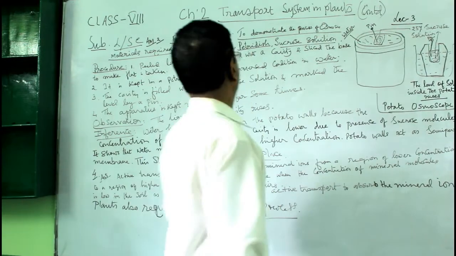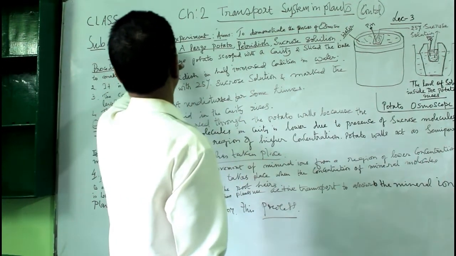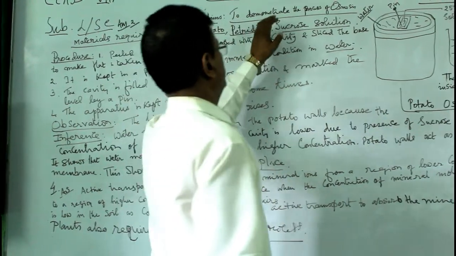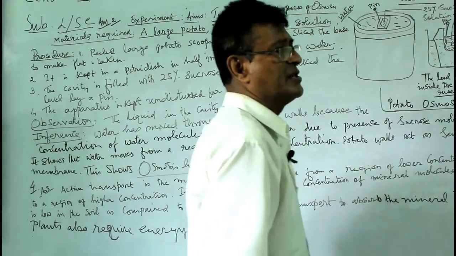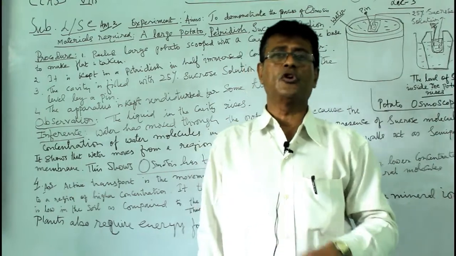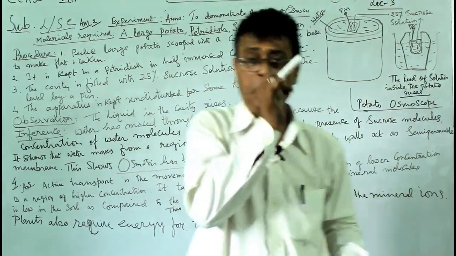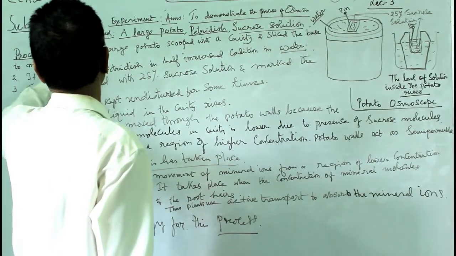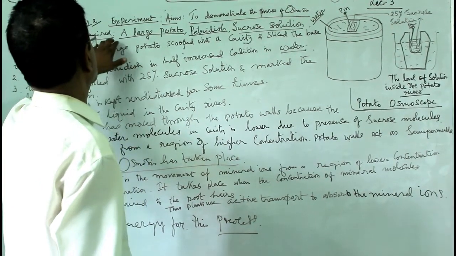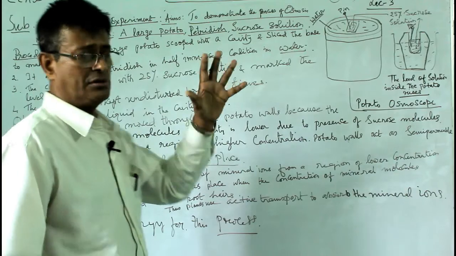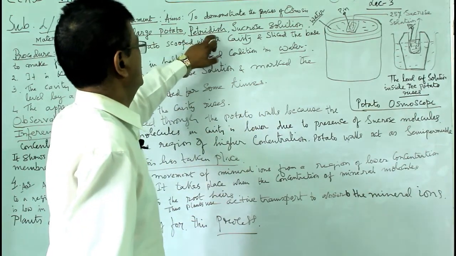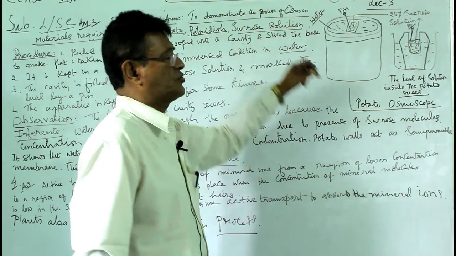Well, children, question number 2 is an experiment. The aim of the experiment is to demonstrate the process of osmosis. You have come to know about osmosis, and this is the process that we do. You can do it at home also. Well, what is to be done? The materials required for the experiment are a large potato, a petri dish, and a sucrose solution.